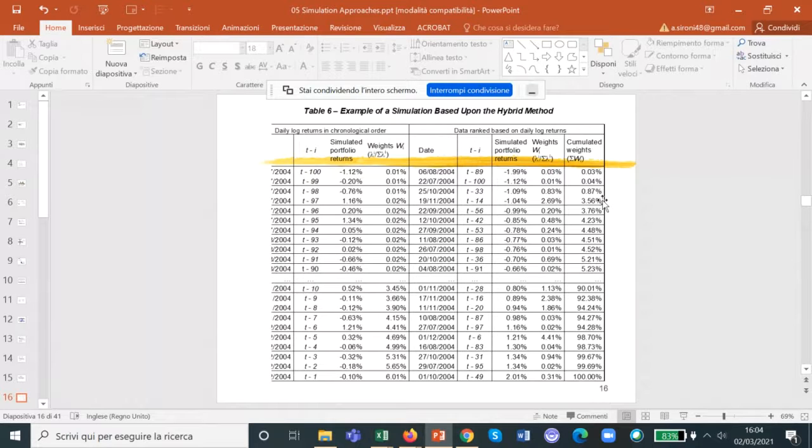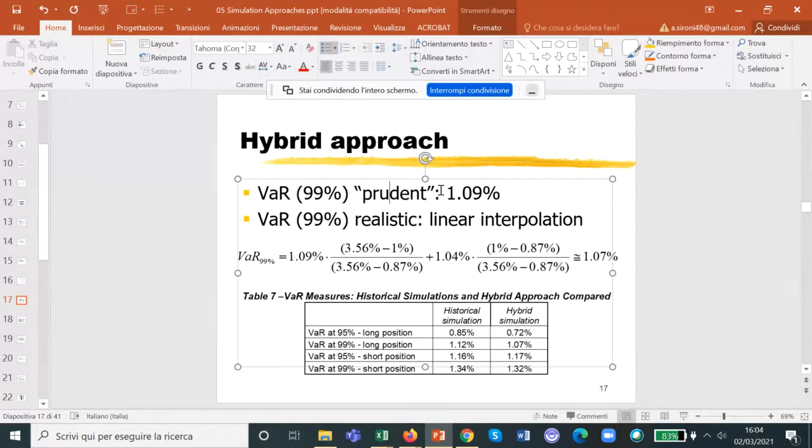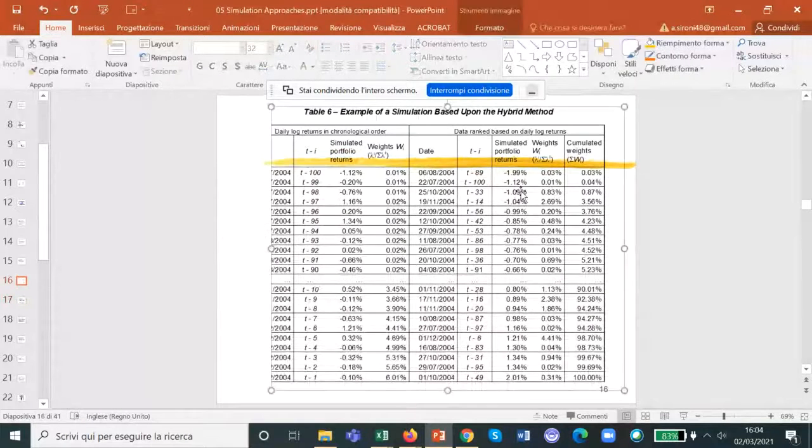So in this case, what can we do? We can either be conservative, prudent, and take 1.04, so that the sum of the weights of the worst returns is a bit lower than 1%, or take the following one, which is higher than that. So we can be prudent and take 1.09 as the relevant one, or we could do a linear interpolation, i.e., we know we want something between 1.04 and 1.09.